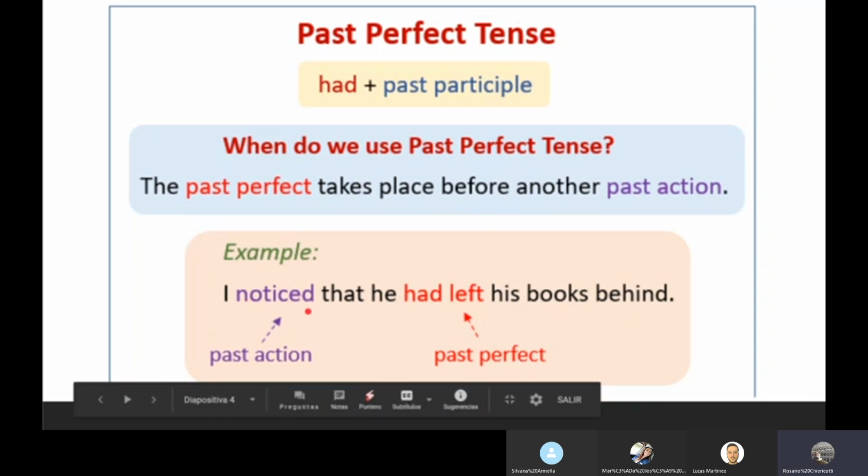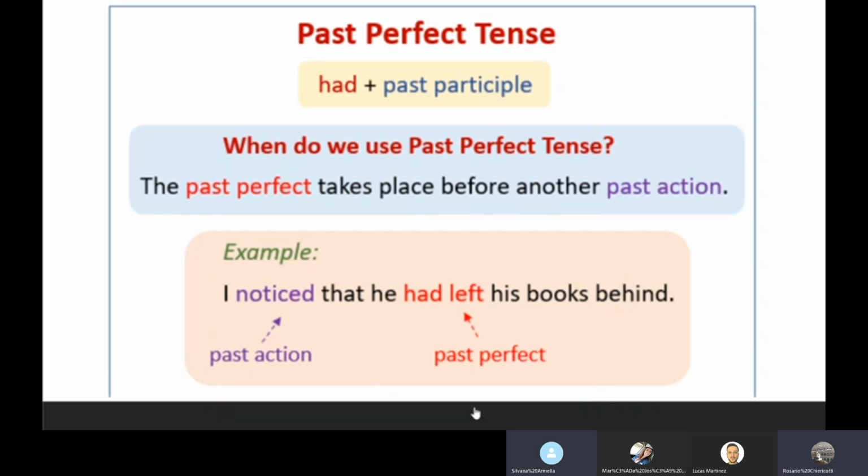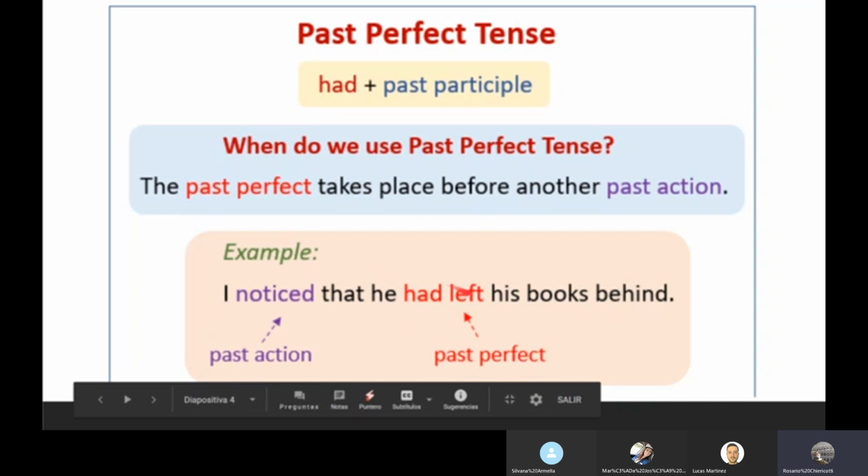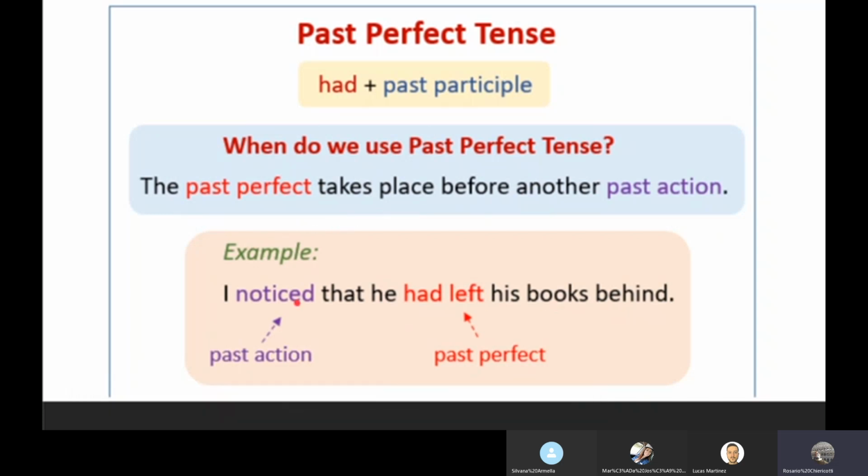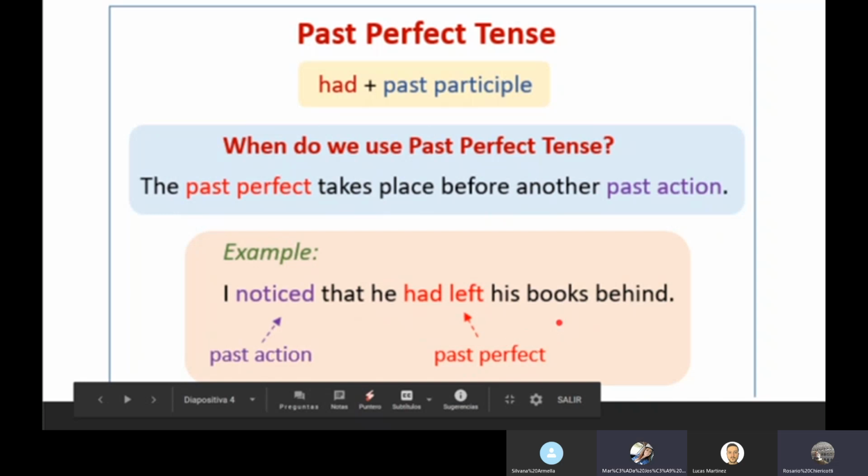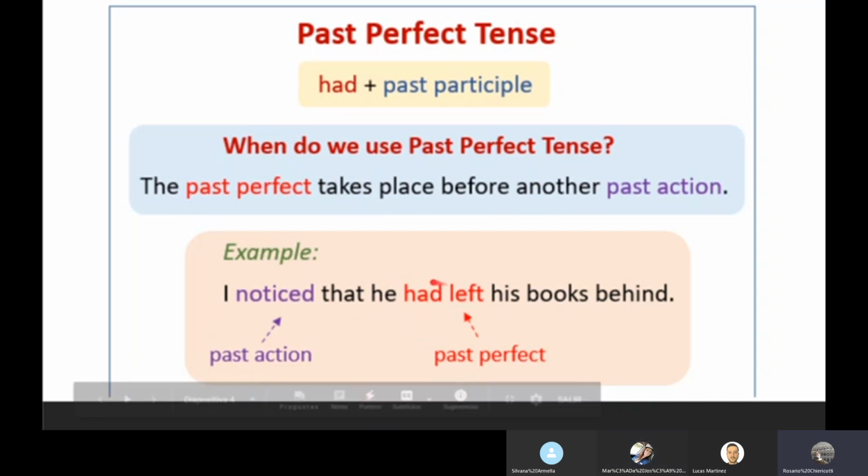I noticed that he had left his books behind. What action happened first? I noticed or he had left? He had left. Very good. He had left his books behind, and then I noticed. All these actions happened in the past, but this one was first.